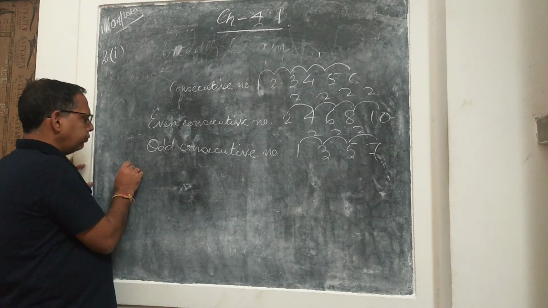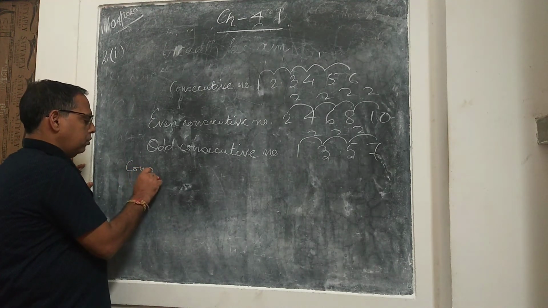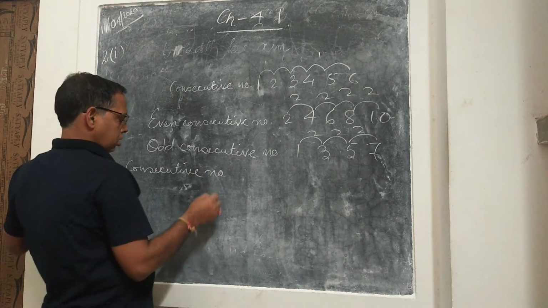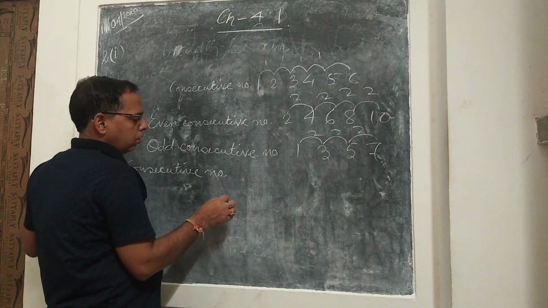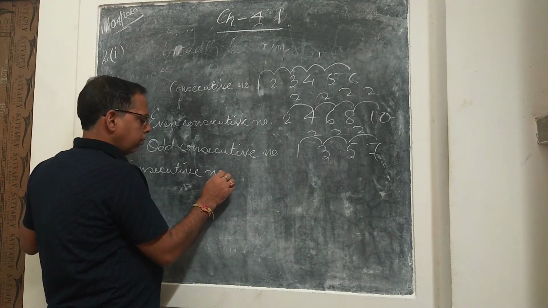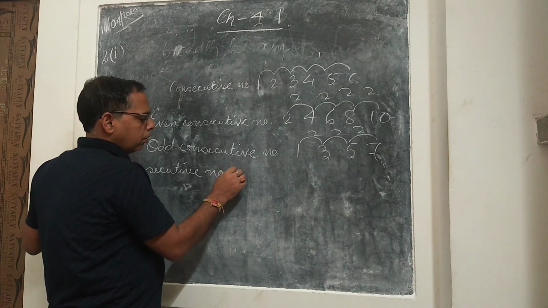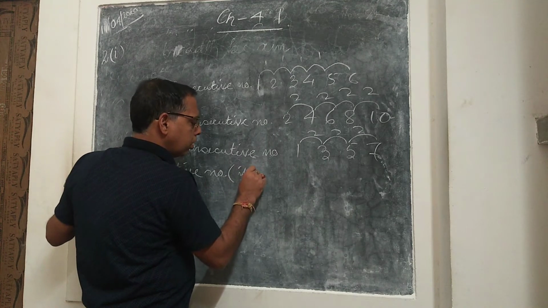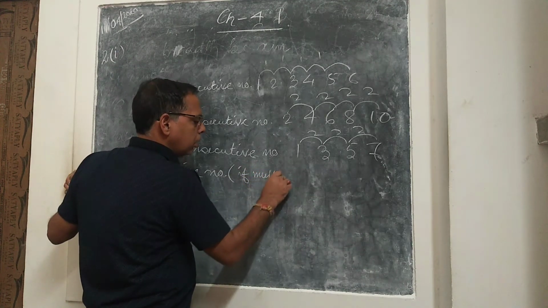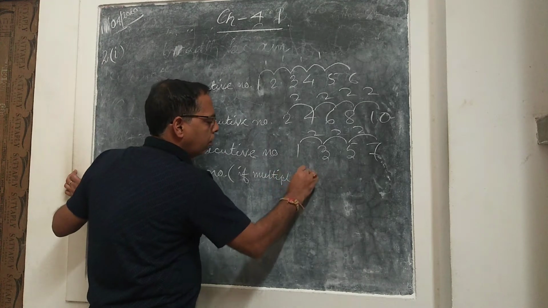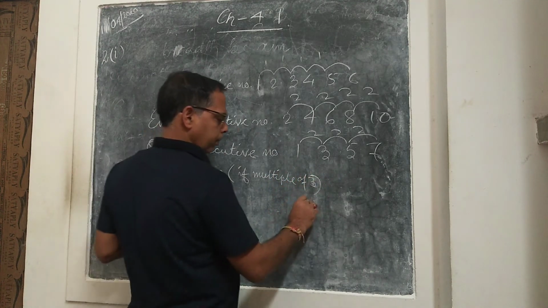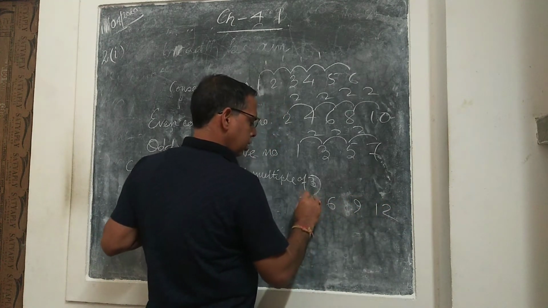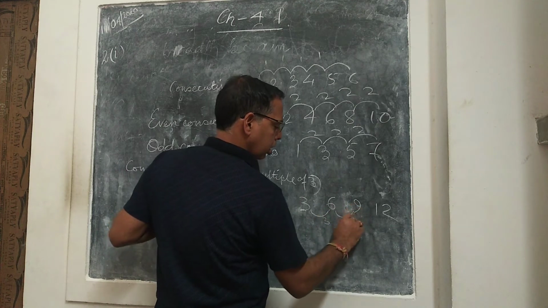Consecutive numbers of multiples, in brackets I will write, if multiples of 3, then what will be? 3, 6, 9, 12. Then you see 3, 3, 3.